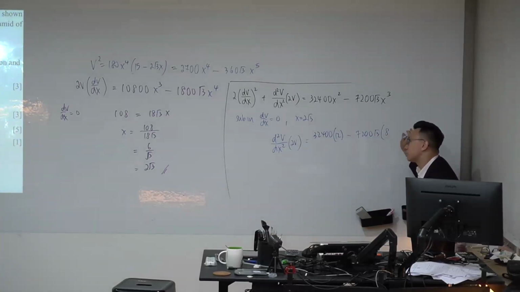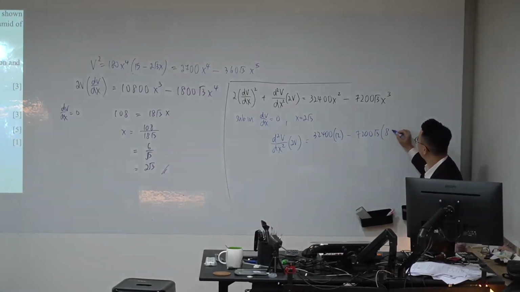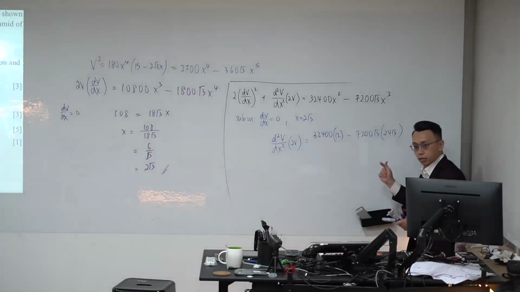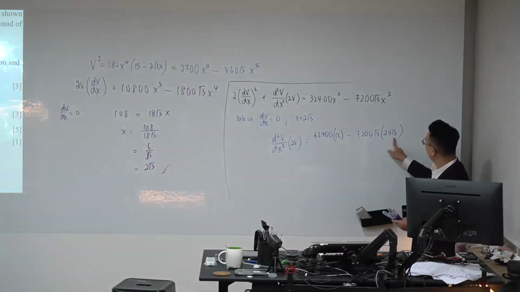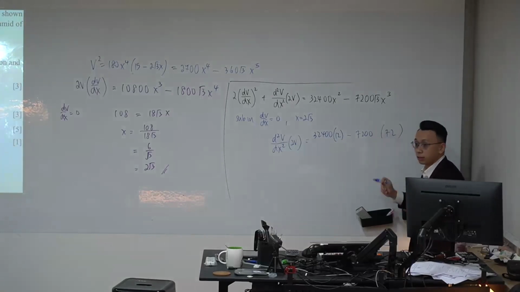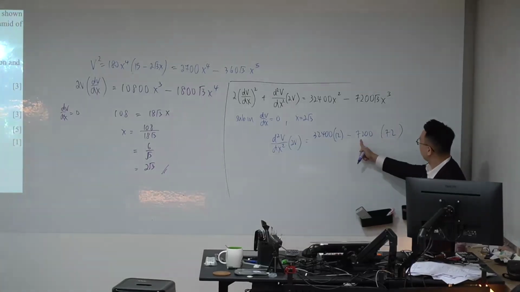So it's 24 root 3. Then root 3 times root 3 is 3, so this will be 72. 24 times 3 is 72, right? Then 72 times 7200.